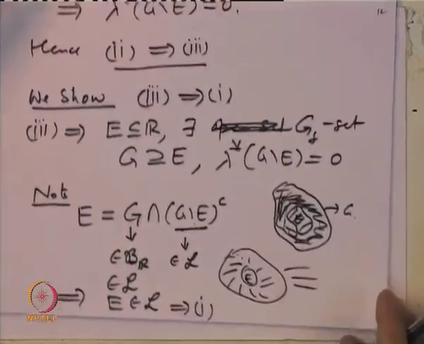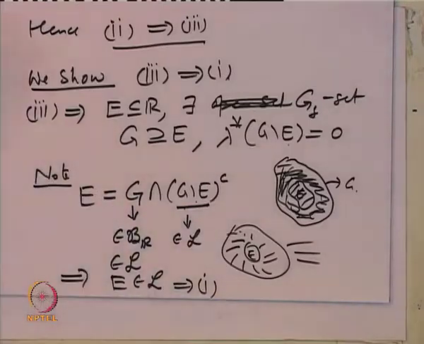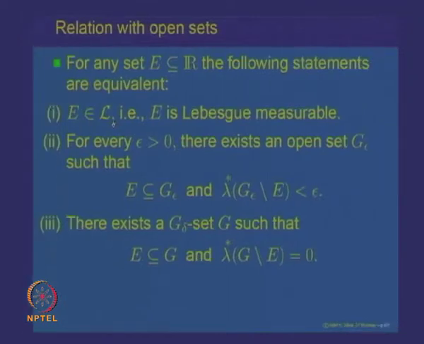So, this proves completely the fact that the 3 properties are equivalent: E is Lebesgue measurable is equivalent to saying for every epsilon bigger than 0, there is an open set G epsilon such that E is a subset of G epsilon and lambda star of G epsilon minus E, the difference, is outer measure small, and that is equivalent to saying that for the set E there exists a G delta set covering it such that the difference has got measure 0.